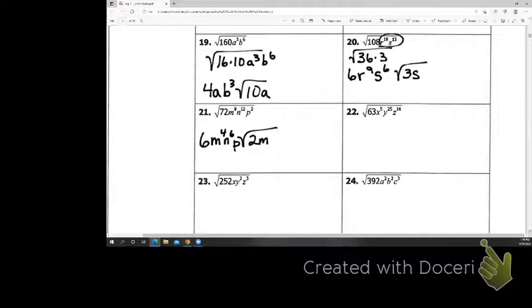So all the ones with even powers, at a quick glance, as I check myself, if the variable had an odd power, there should be one of those variables under. And because we're doing square root, we're always dividing the exponents by 2, so you don't ever need an exponent underneath. 63, I think we saw that one earlier, 9 times 7.